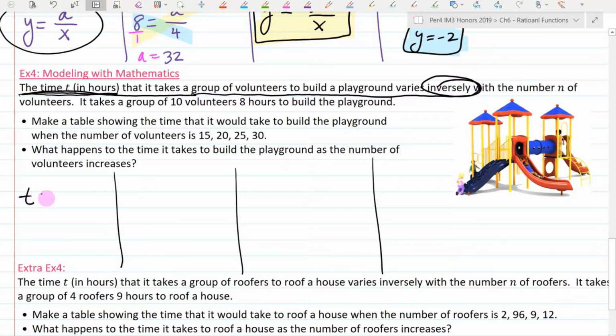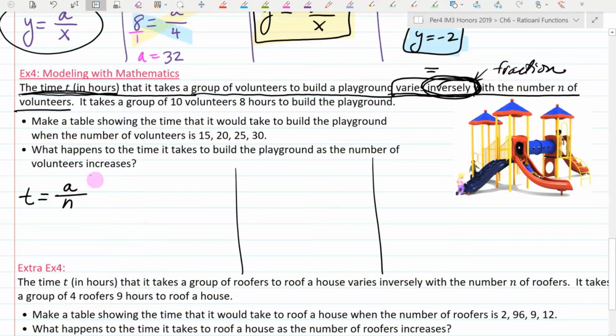So time varies inversely with the number of volunteers. You can put N or you can put B for volunteers. When you see varies inversely, that's where your equal sign goes. And the inversely part means that it's a fraction. And A is in every single one of these equations.